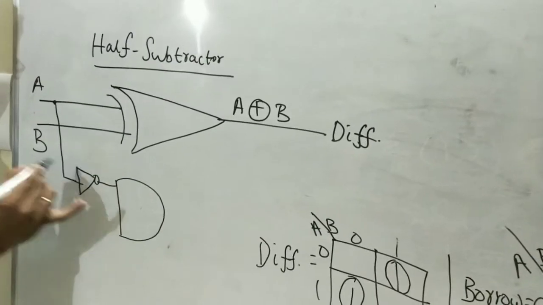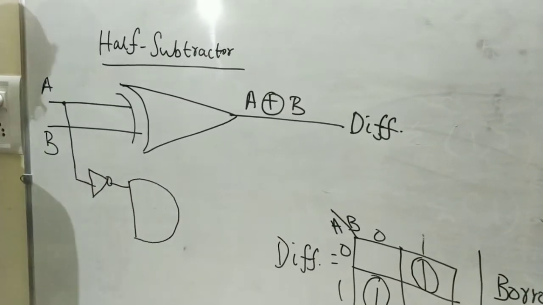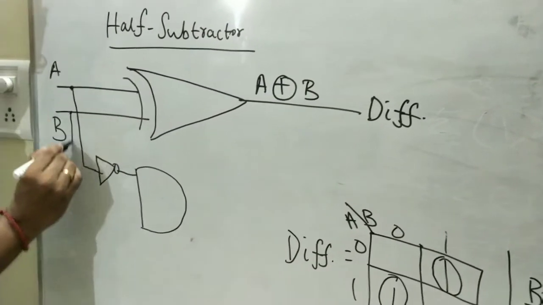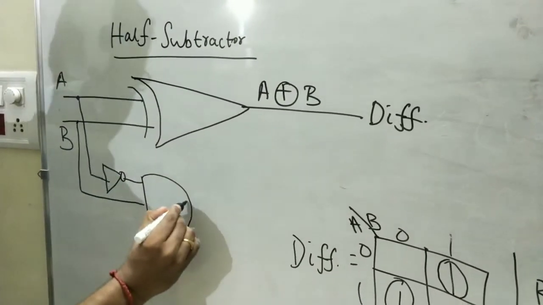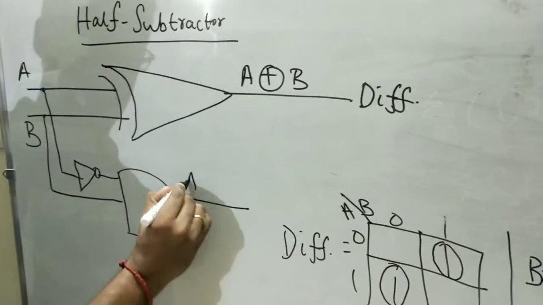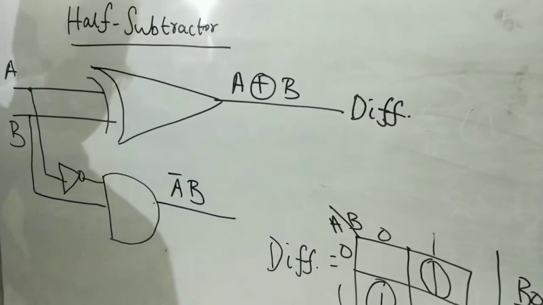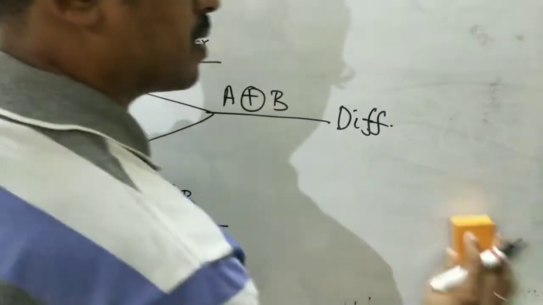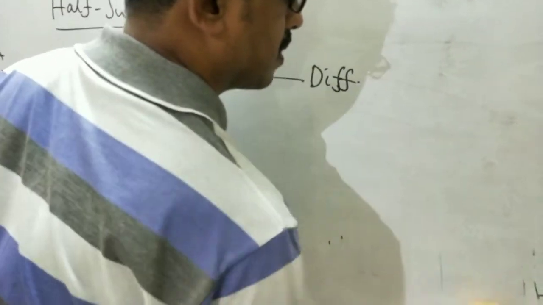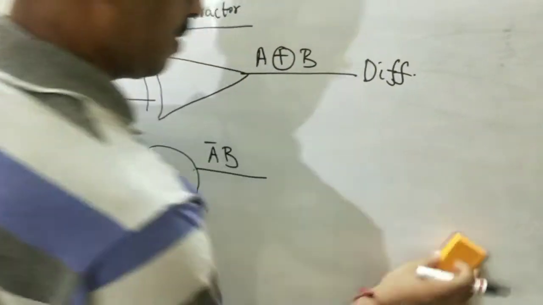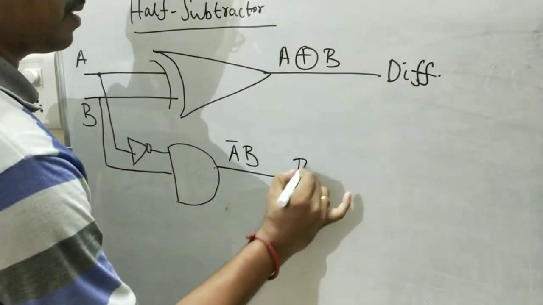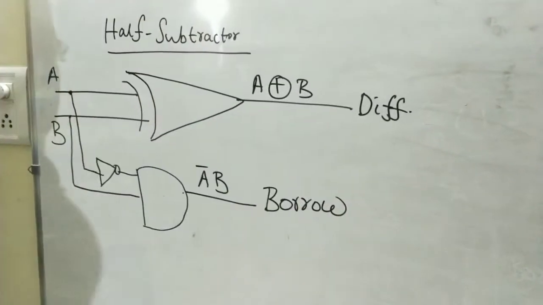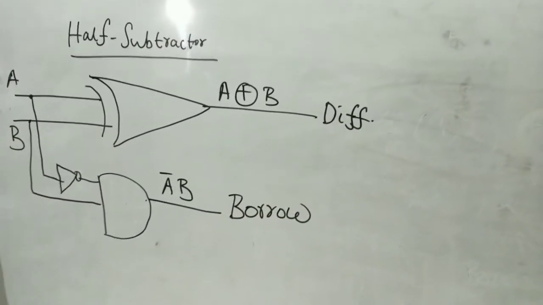A dash and then B. This is A dash B, which is nothing but borrow. This is our actual half subtractor circuit.